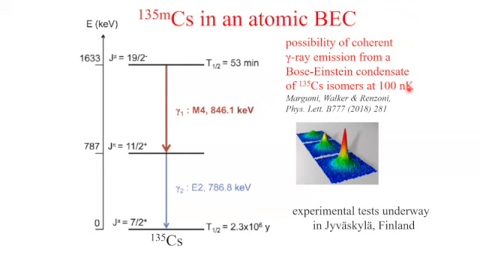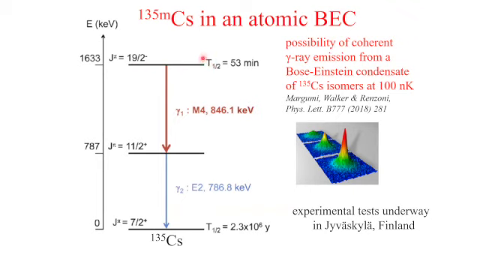But if those atoms happen to be in isomeric states, then the question is what would happen? Because the atoms are in the lowest energy state. It's a single quantum state. And it's hypothesized that the isomer decay would become a collective phenomenon.